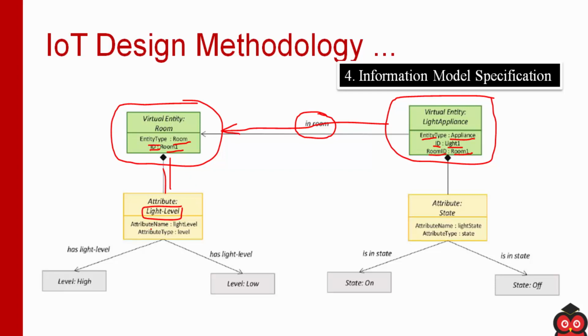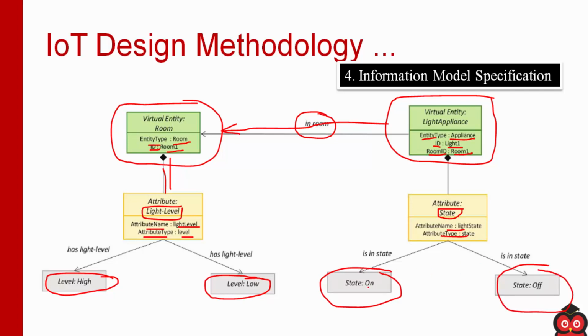The attribute name is light level and the attribute type is level, and there are two values for this attribute: one is light level high, another is light level low. Similarly, for the light bulb we have the attribute state, is it on or off. The bottom rectangles are the values for those attributes: on, off, and high, low. So this is the information model for the home automation system for smart lighting.